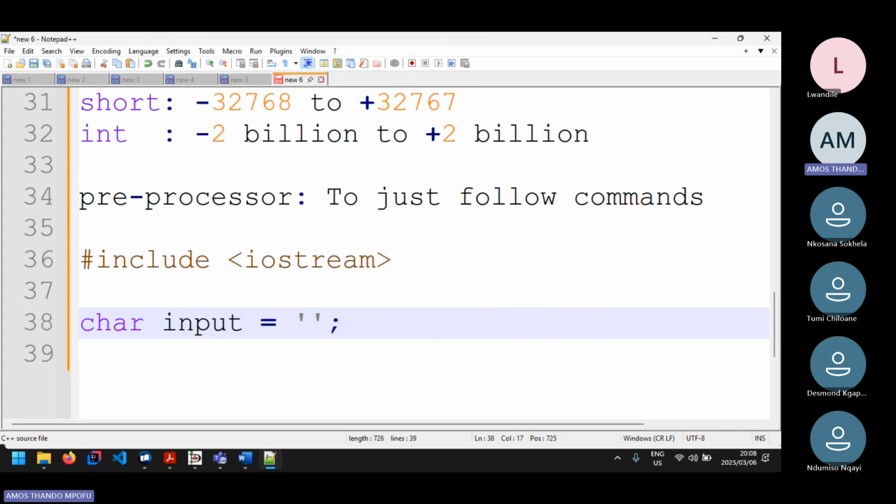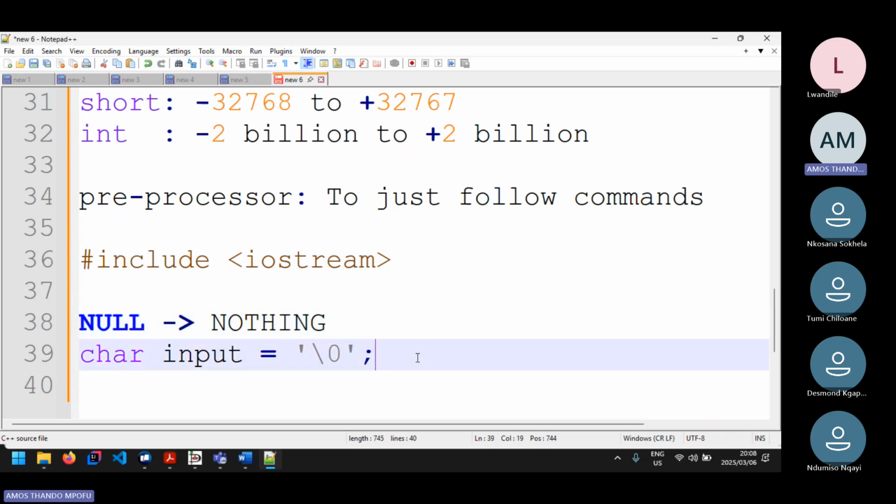Use single quotes. If you want to set a char to nothing, how do you set it to nothing? You put in a backslash and a 0. This translates to null or nothing, meaning there's nothing inside of it, right?